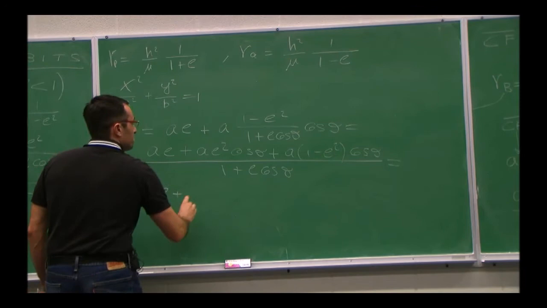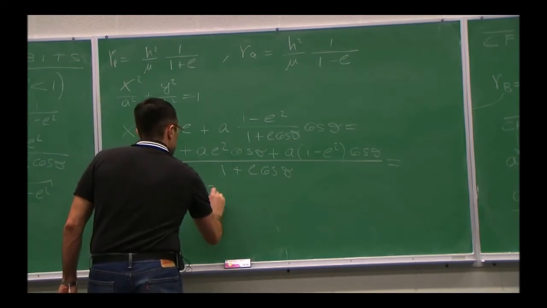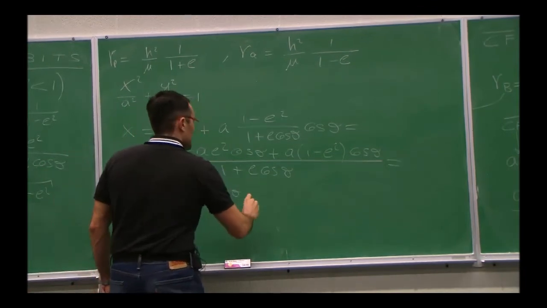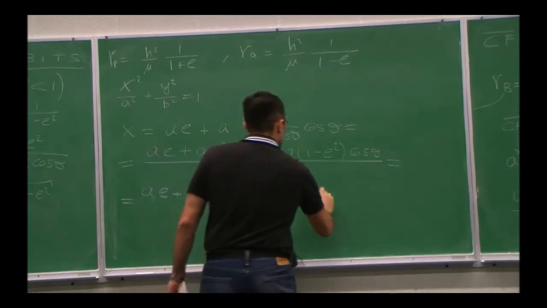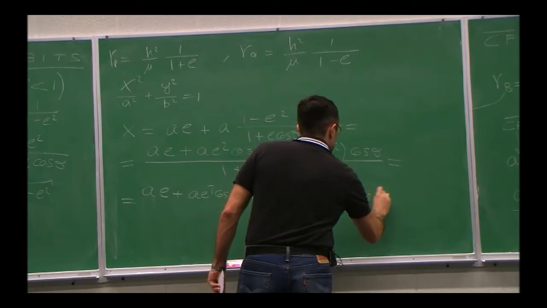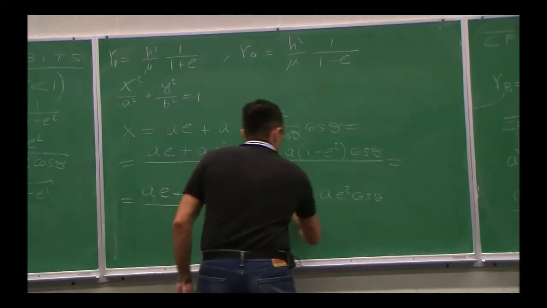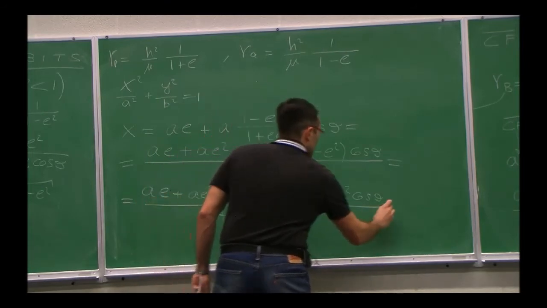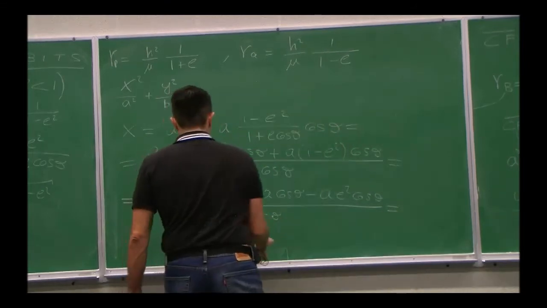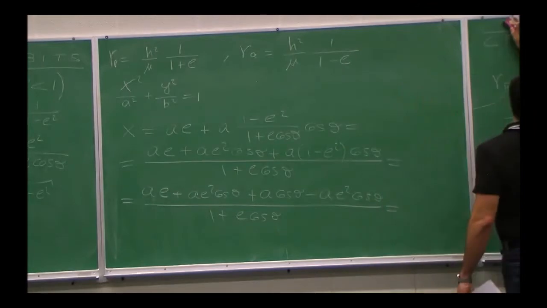AE plus AE squared cos theta plus A cos theta minus AE squared cos theta divided by the same denominator, which is, yeah, those two go away.